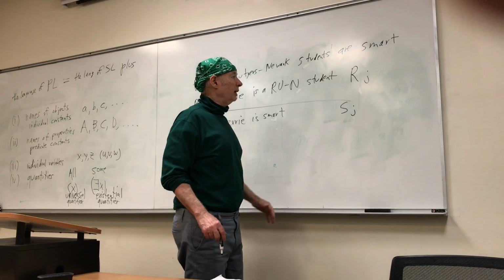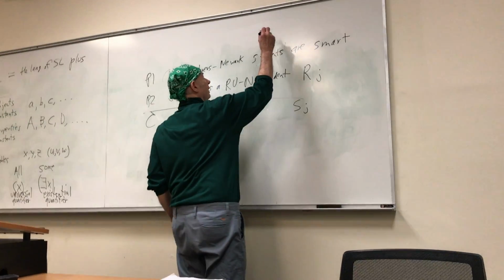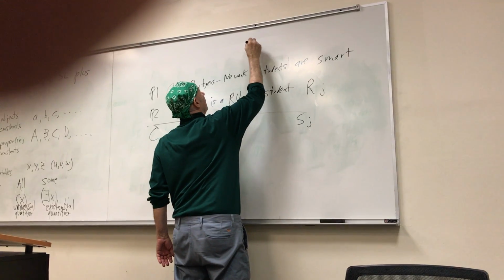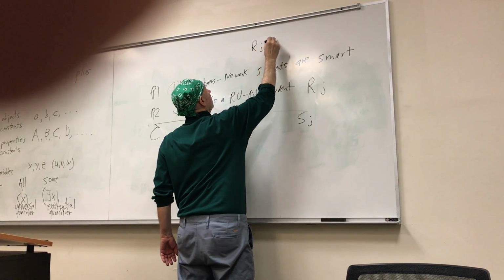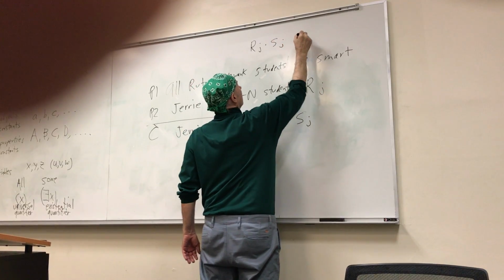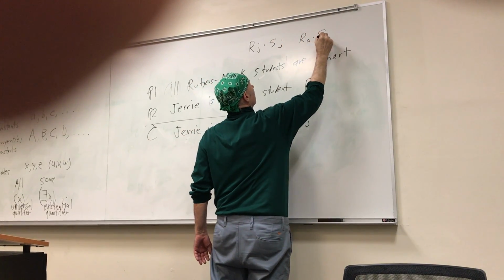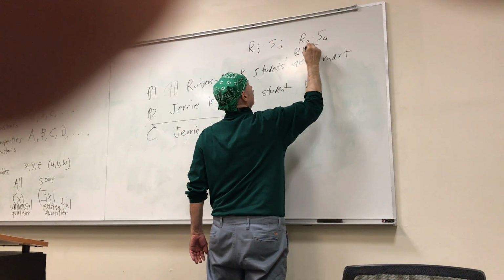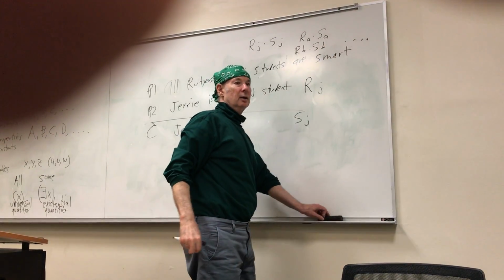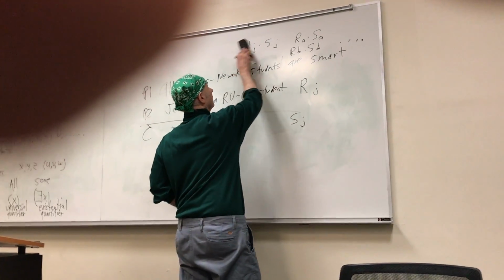In other words, we'd have to say RJ and SJ, RA and SA, RB and SB. Okay, we'd have to write all those out.